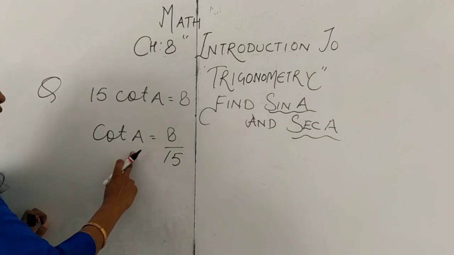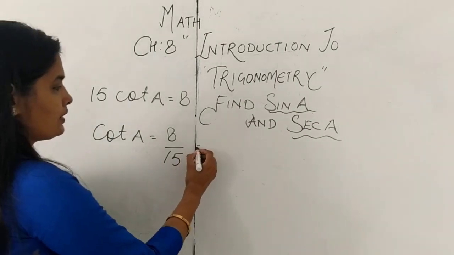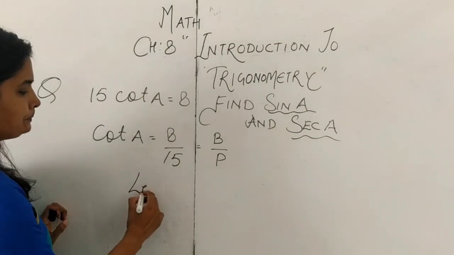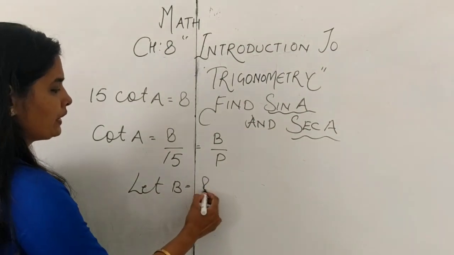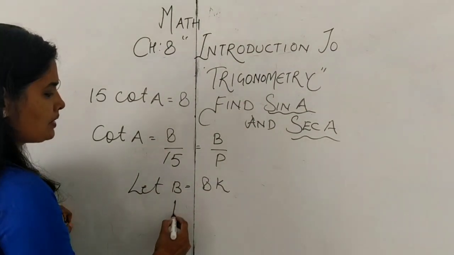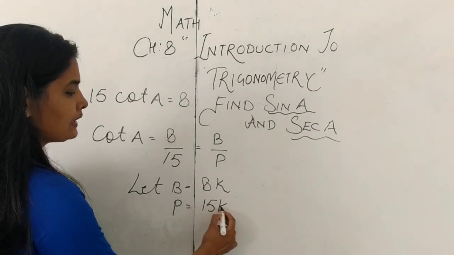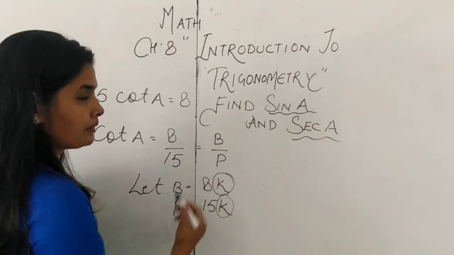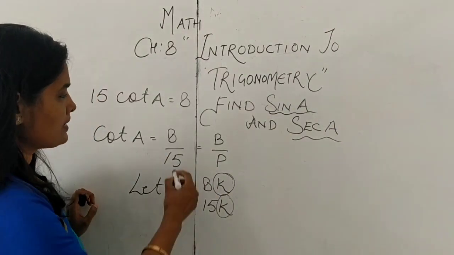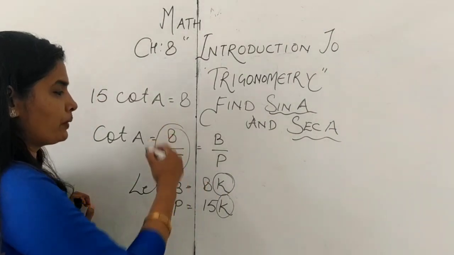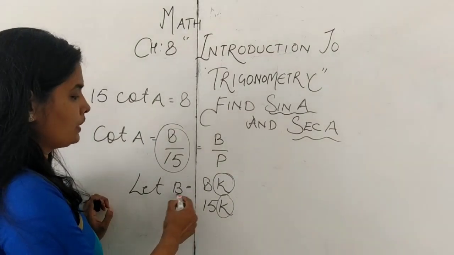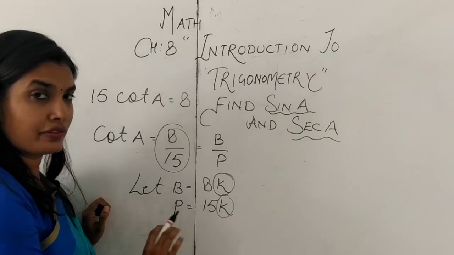So you know the ratio of cot A is B upon P. It means let B equal to 8K and P equal to 15K. Fine. You have to put one coefficient here. Clear? Because if anything is in ratio form, you have to convert it into the ratio form. Fine. Now B equal to 8K and P will be 15K.